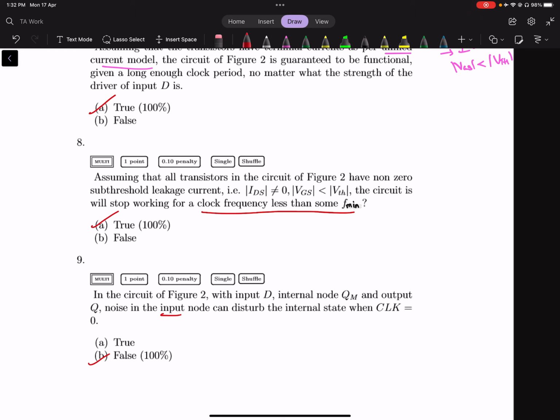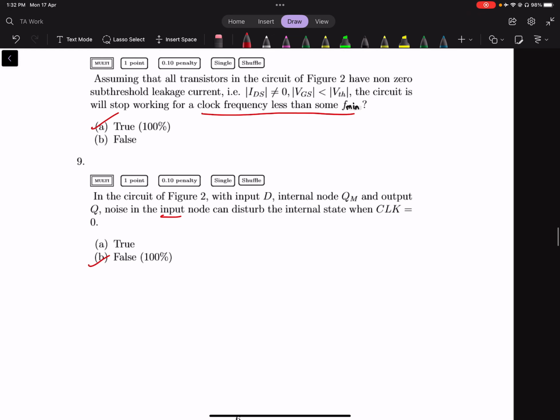Noise in the input node can disturb the internal state when clock is equal to 0. That's not true. The internal state is basically QM.